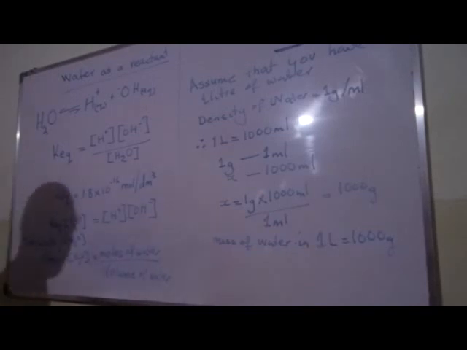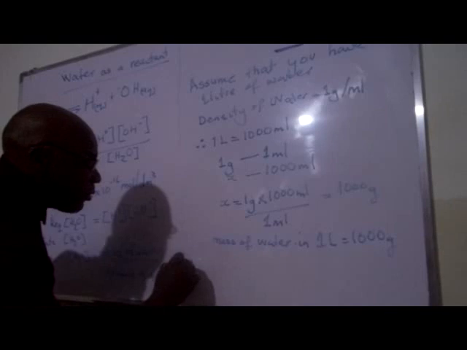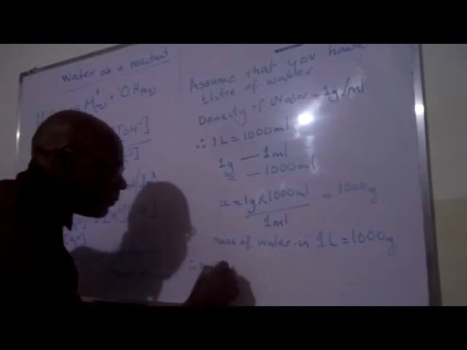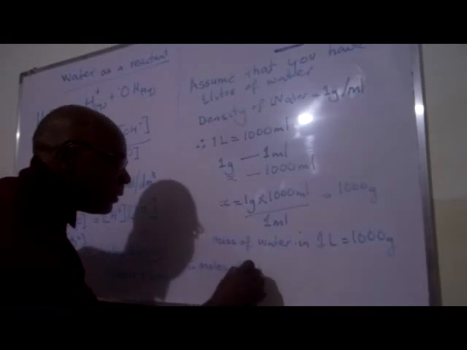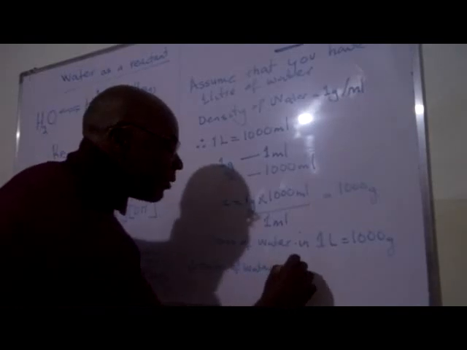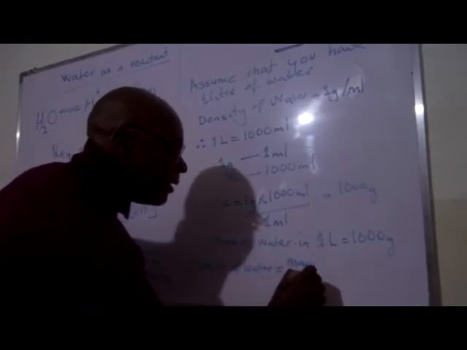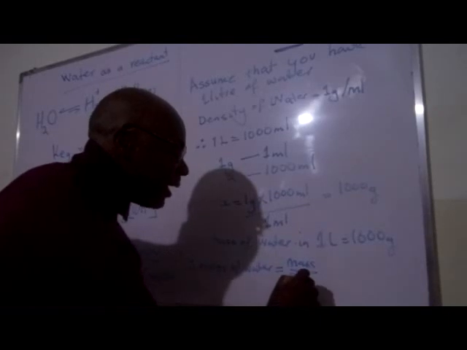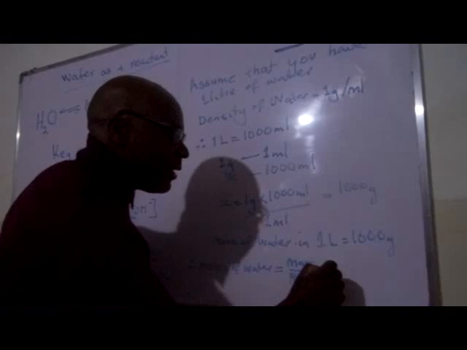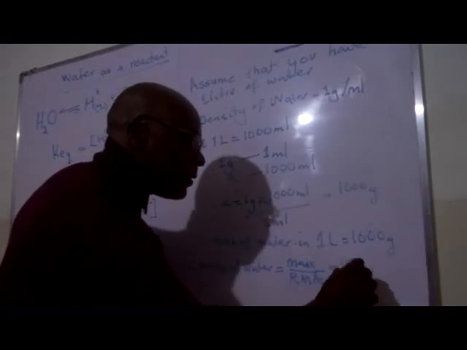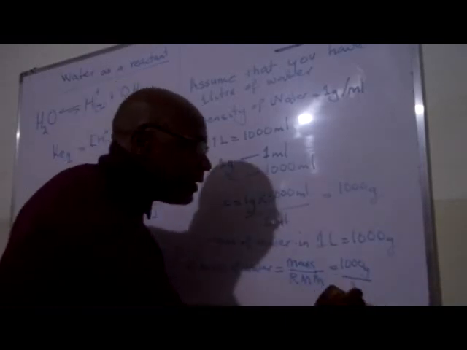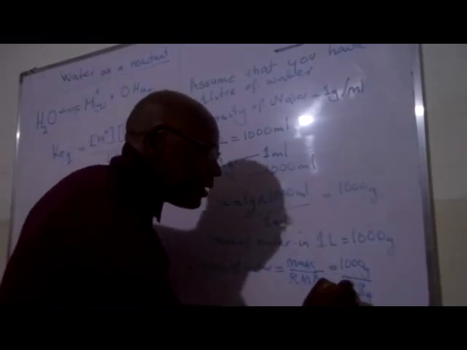If that is the case, then the moles of water is equal to the mass you are dealing with divided by the relative molecular mass of that substance. In this case, we are dealing with 1,000 grams divided by the relative molecular mass of water, which is 18 grams. You can work that one out.